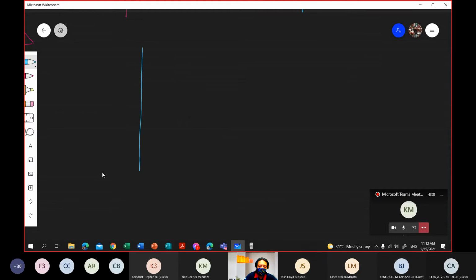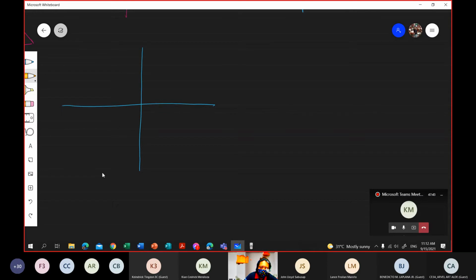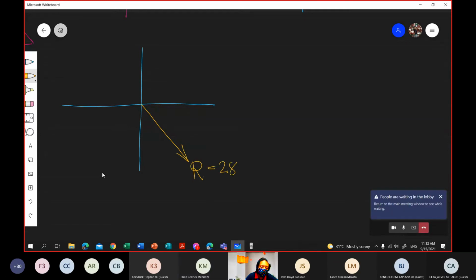You have a Cartesian plane or a rectangular coordinate system, and given a resultant, say the resultant is in the fourth quadrant. Let's name this the resultant, and the resultant is 28 pounds.